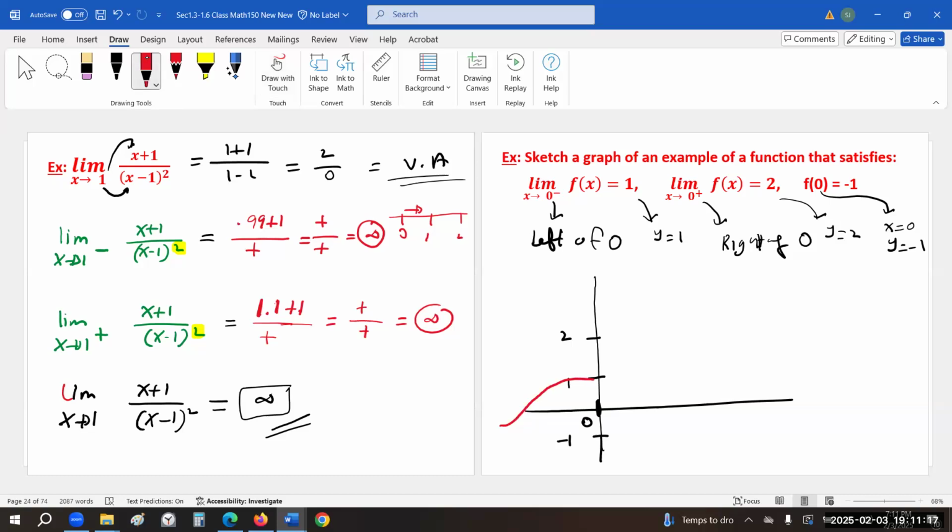And what would be the end, a hole or a closed circle? It'll be a hole. And then for the limit as x approaches 0 from the right equals 2, you start from the right side of the graph where the positive x values are, and then it touches 2 with a hole.